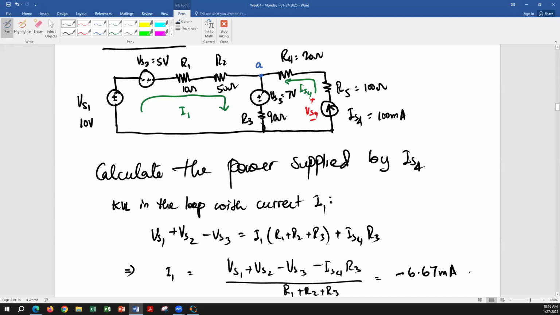Let me know if this answer is correct or incorrect. That means our assumed I1 direction is opposite to the actual direction. But that's fine. Magnitude is the same.